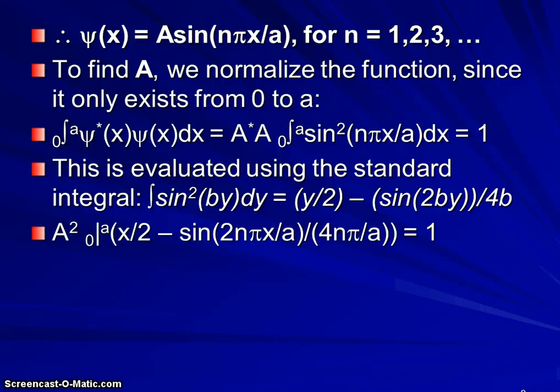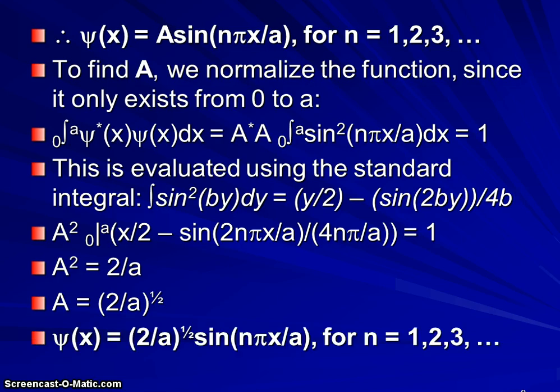So when we do that, we get this expression, and when we evaluate it between 0 and a and set that equal to 1, you can do the math on this on your own, or I can do it in class if you need me to. We'll realize that the wave function has a normalization constant of the square root of 2 over a.